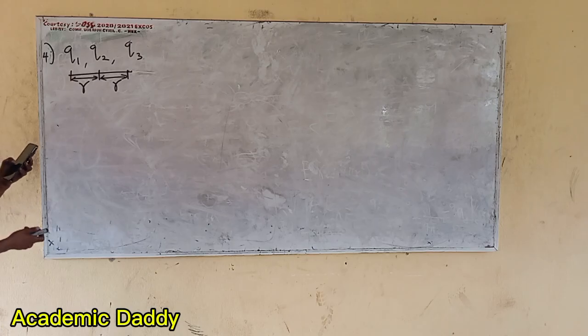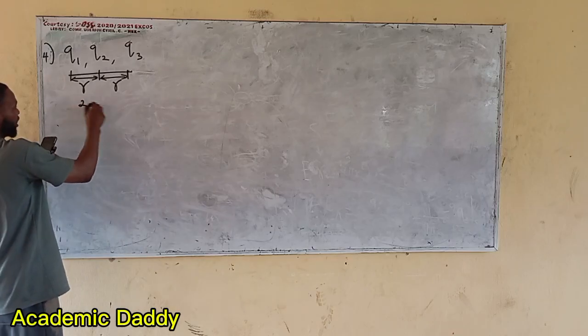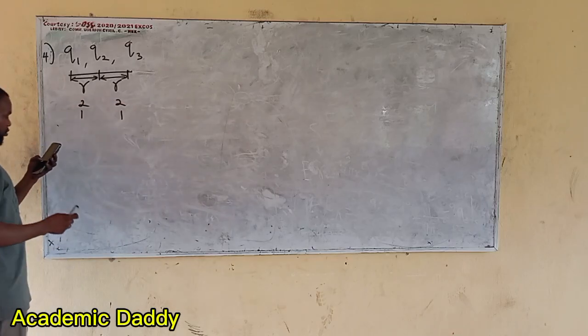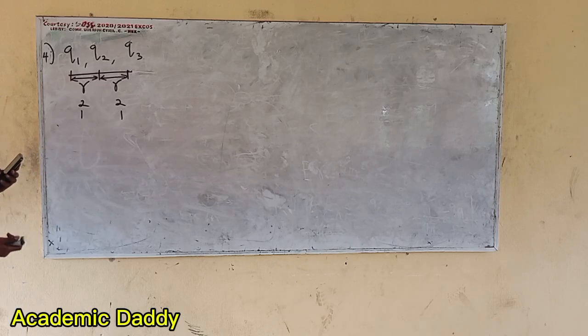So let's say if I have 2 here, this is also 2. You see that? If I have 1 here, this is also 1. So I'm just trying to interpret. We've not started solving, but they did not give us anything for the separation.